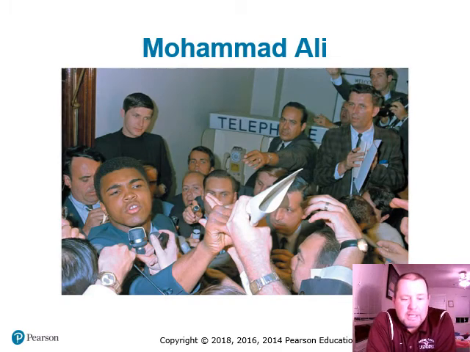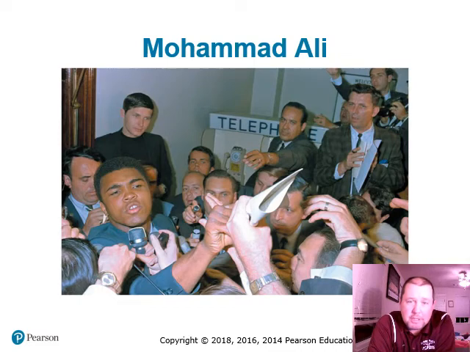Muhammad Ali was actually, before he was Muhammad Ali, a man named Cassius Clay, and there's a pretty good documentary about it, or not documentary, movie. But ultimately, he refused to go. He was drafted. He refused to go to Vietnam and claimed to be a conscientious objector.